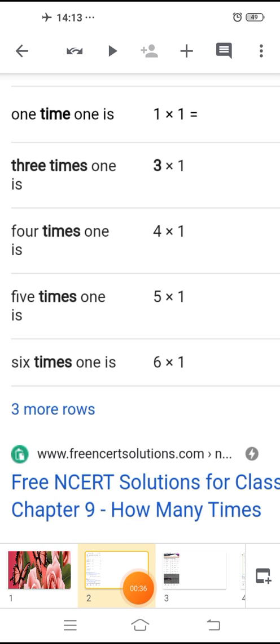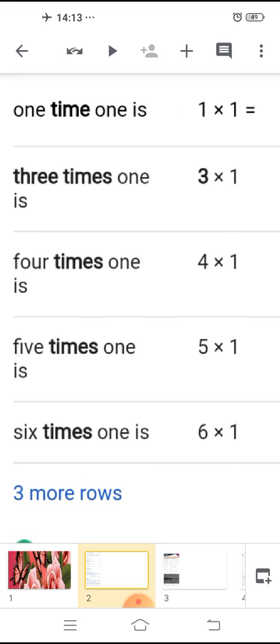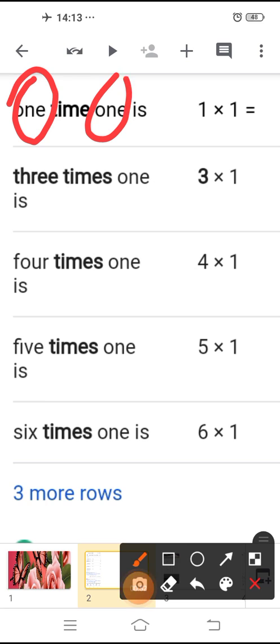Children, first of all, you should know what is the trick. Like 1 times 1 is basically what we do. Yes, 1 times 1 means 1 into 1, that will give you 1.